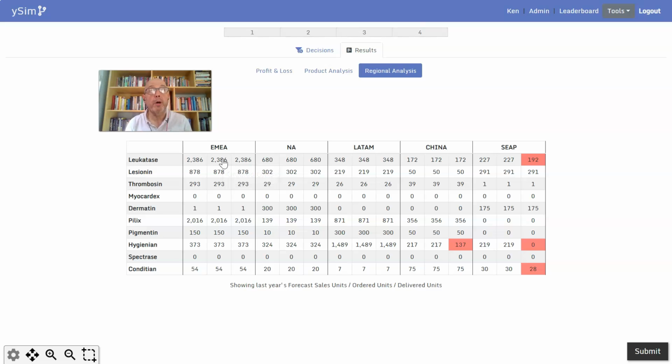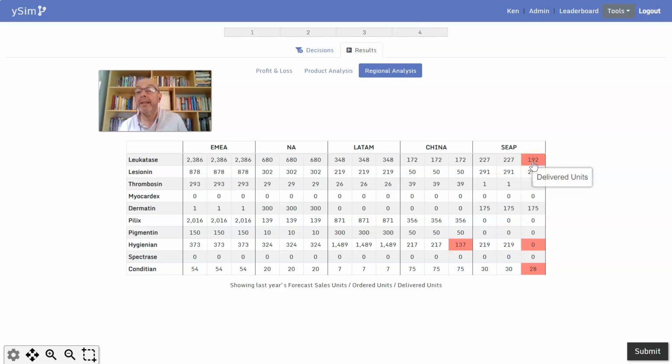And often you will not be able to sell everything in your forecast, or sometimes you'll actually sell more than your forecast, depending on how well you're organized. And the third thing is your delivered units. So let's look, for example, at Lucchese in Southeast Asia. We see forecast units 227, ordered units 227, delivered units 192.